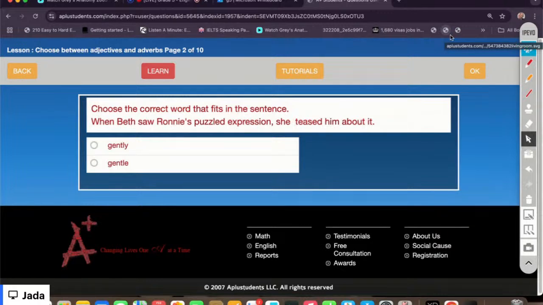All right. So we have: when Beth saw Ronnie's puzzled expression, she dash teased him about it. So there's an empty space here. What is that?